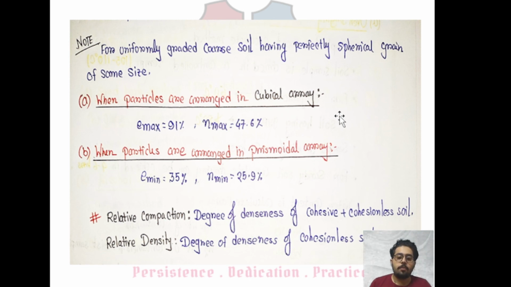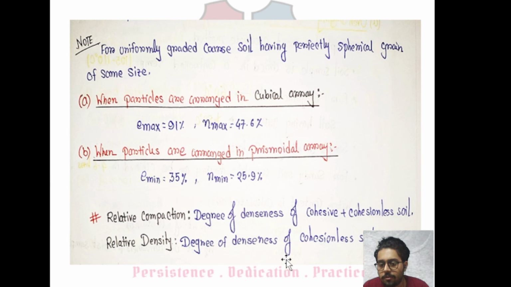Now relative compaction helps to define the degree of denseness of both cohesive and cohesionless soil. Relative density helps to define degree of denseness only for cohesionless soil.